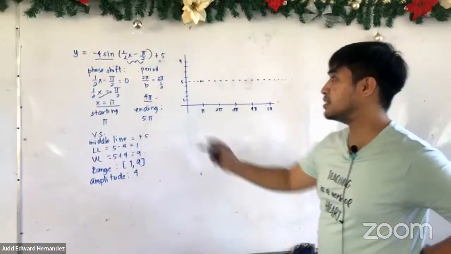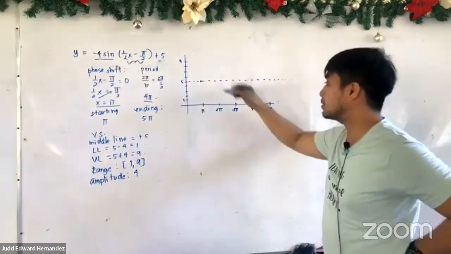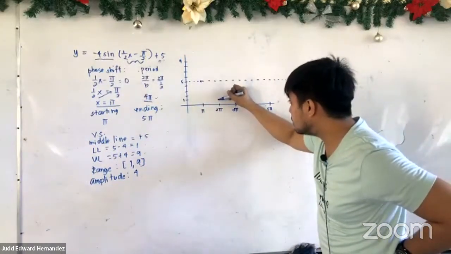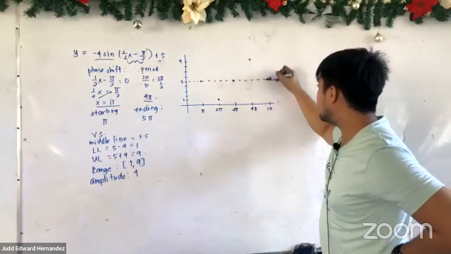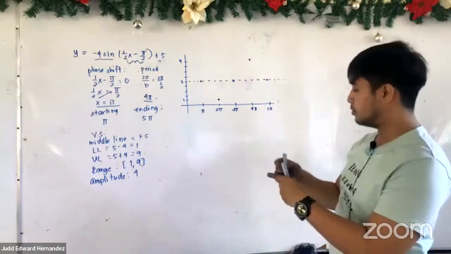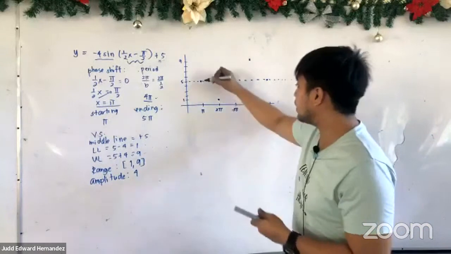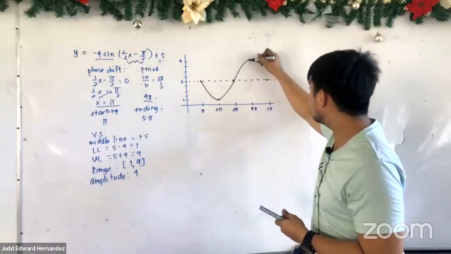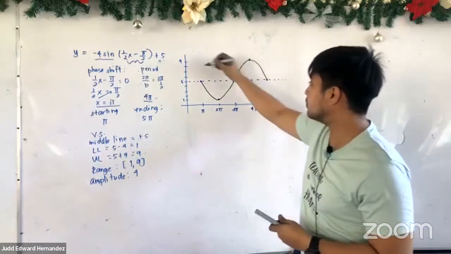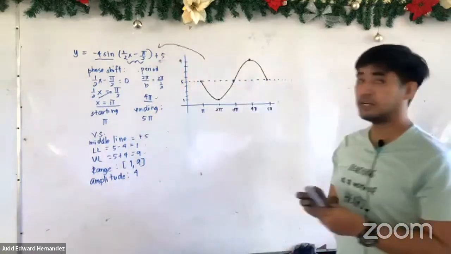This is negative, pababa tayo ngayon. So, bababa tayo dito, babalik tayo sa gitna, aangat tayo dito, babalik tayo sa gitna. So, graph na natin. And this will now be the graph of this one. Questions?